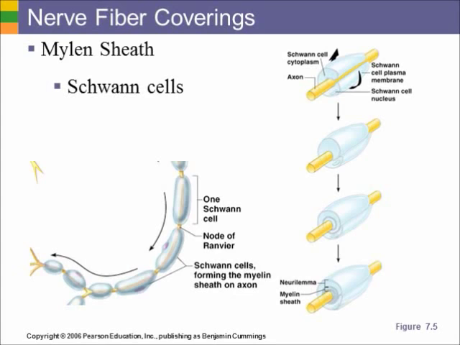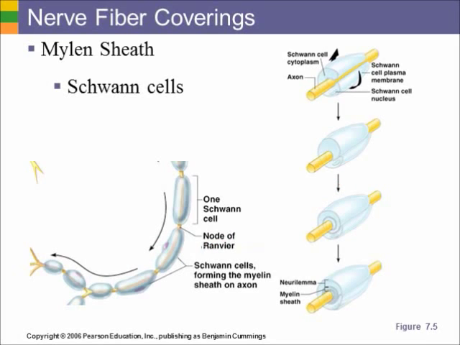Schwann cells will attach themselves to the axon and coil around and around like a jelly donut, over and over and over again until they're nicely, tightly packed around there. And the nucleus gets shoved to the outside, like in this picture right here. The nucleus of the Schwann cells is pushed out.